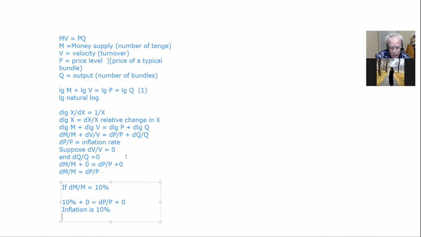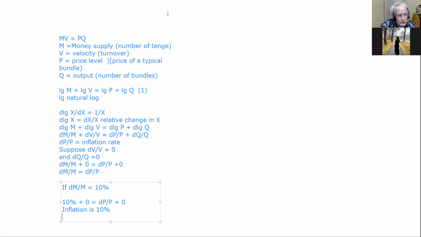That's a good point to make, because really our assumption about the constant values for velocity and output is more likely to hold in the long run rather than the short run. Good. Okay, so that takes care of chapter 19.